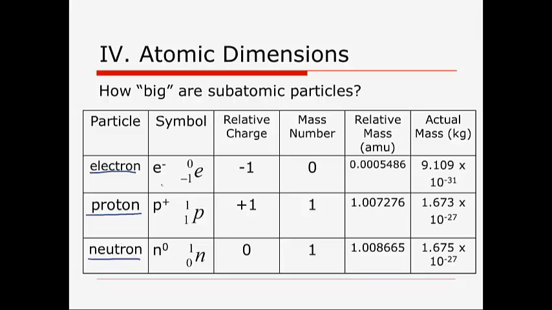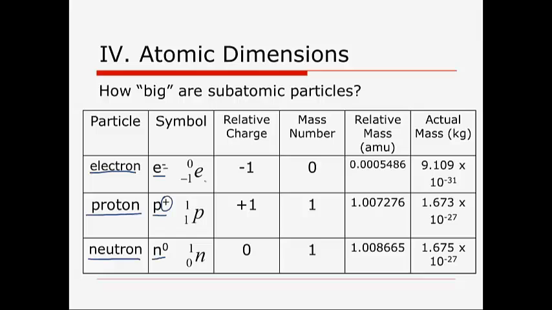The symbol for these things, you can write each one of these two ways. E for electron, P for proton, N for neutron. The charges are superscripts, so minus, positive, and 0, also known as naught.